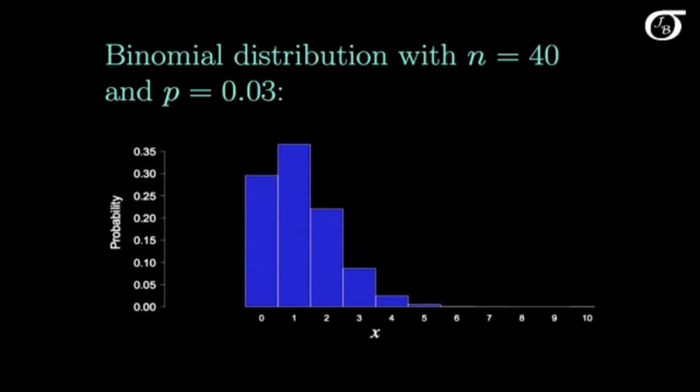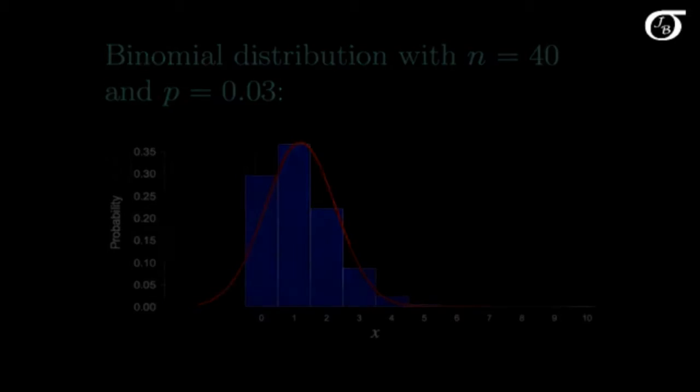What if we're a little closer to the boundary? Here p is 0.03, which is close to the boundary of 0. We've got the same value of n, but we see a little bit of skewness. If we superimpose a normal curve, it does not fit very well. If we amped up the sample size larger and larger, the normal approximation would get better and better. But the general idea is that when we get near the boundaries of 0 or 1, we need a larger value of n for the normal approximation to be reasonable.